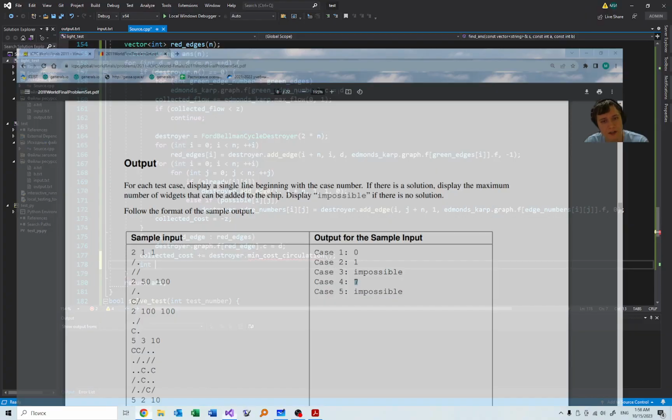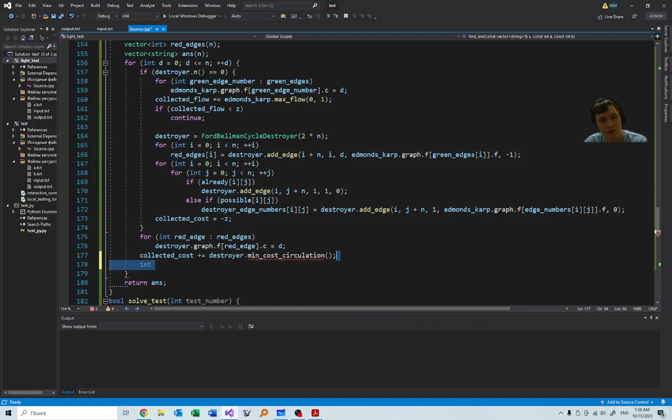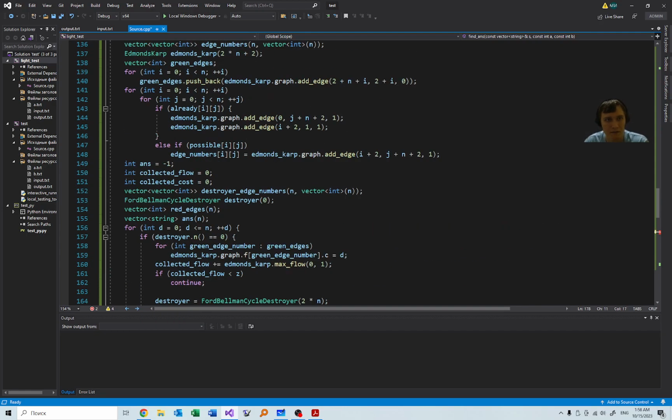Actually, no. I only need to find, I mean, I don't need to find the assignment. I only need to find the number, and this is easier. So okay, no, do not need to do it.